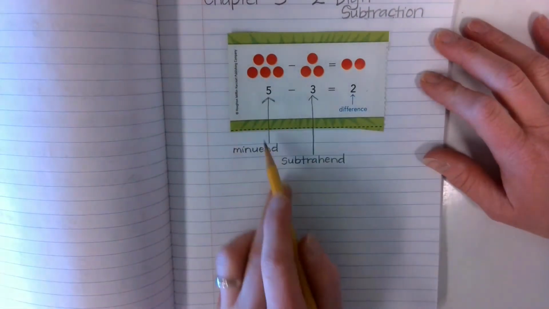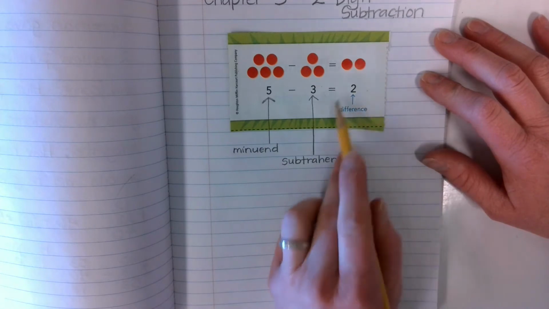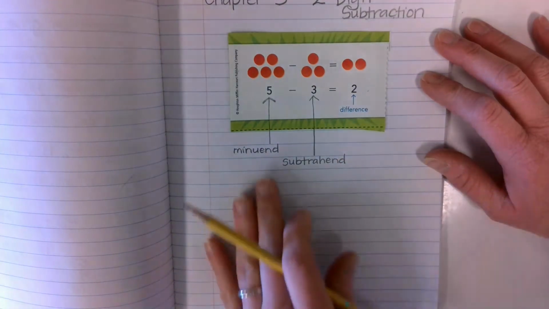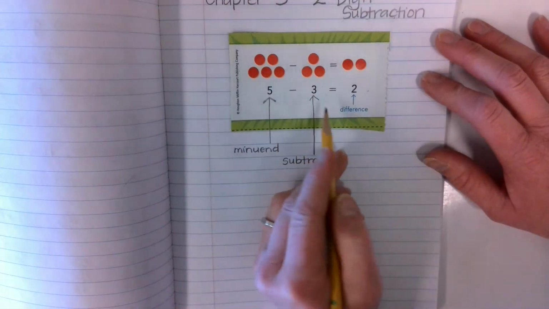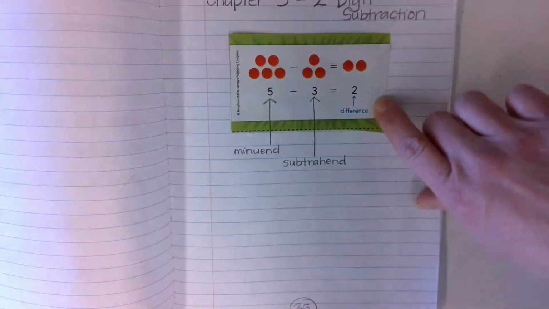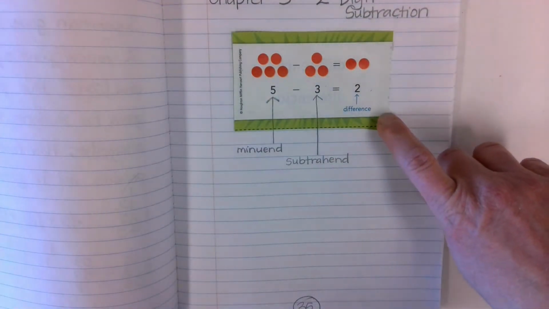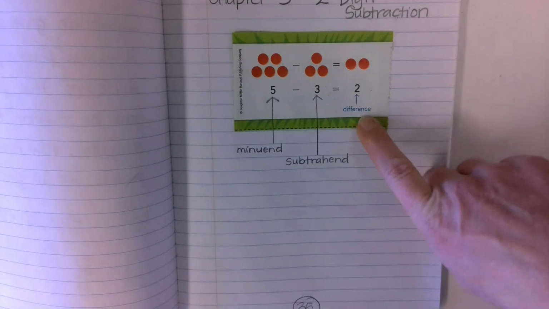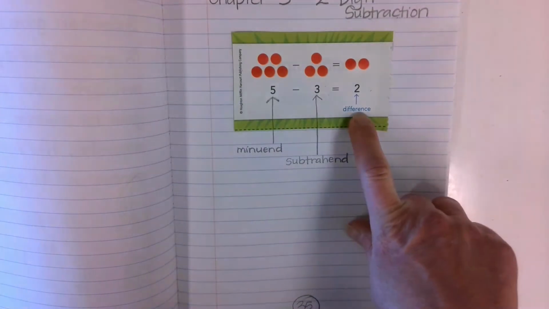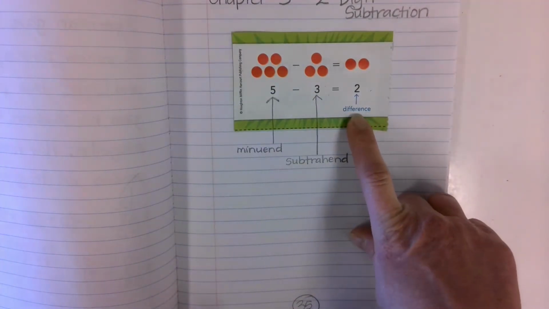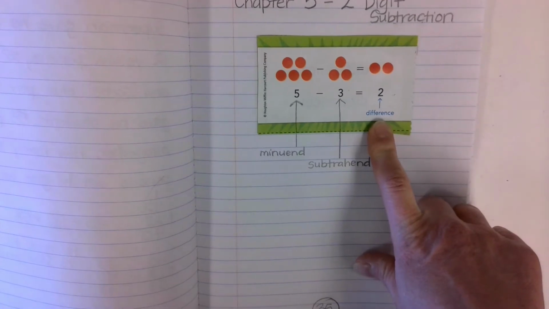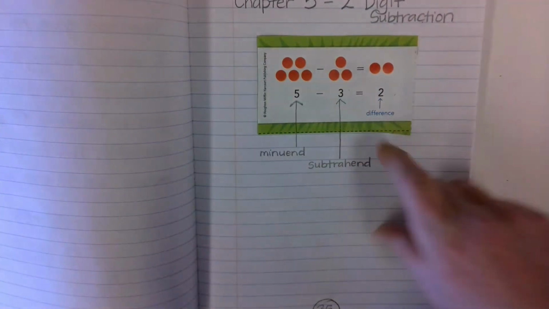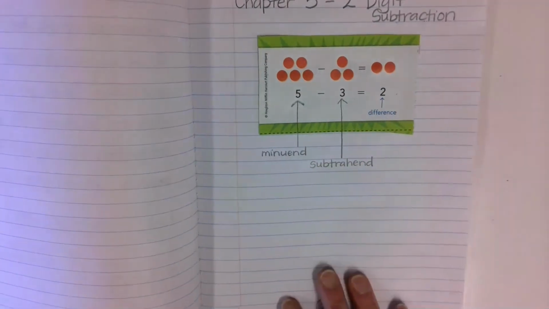So here we have our minuend, subtrahend, and the difference. So make sure that you know that. Also, you might see math problems that say find the difference of these two numbers. And you need to know what difference means so that you know to subtract. So make sure that you know what that means.